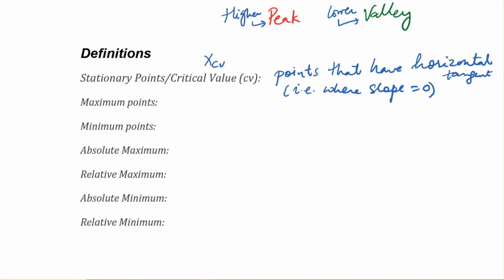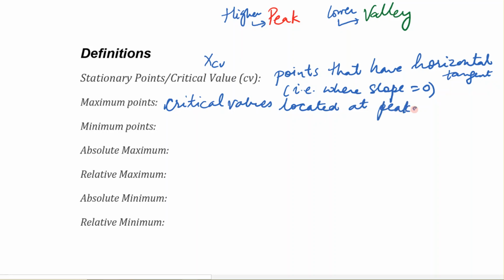So maximum points are the critical values located at peaks. Minimum points are the critical values located at valleys, the opposite of peaks.